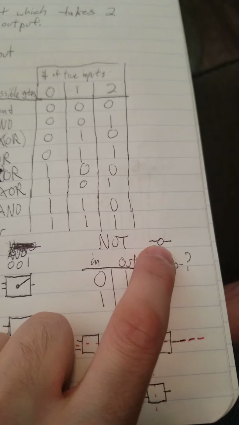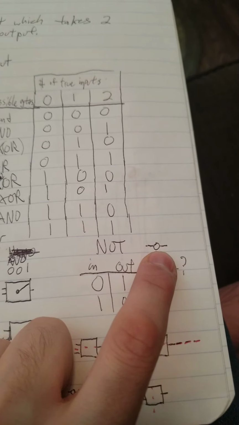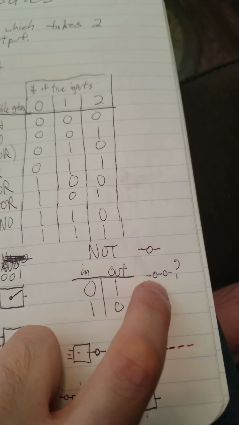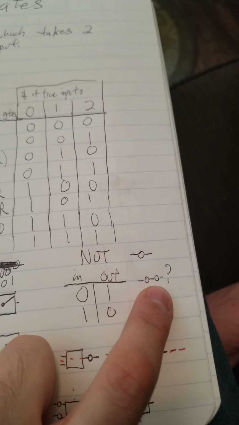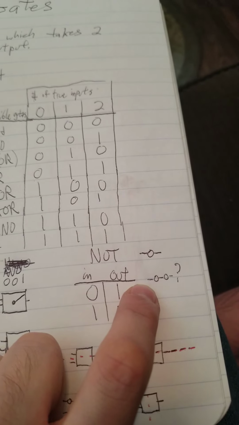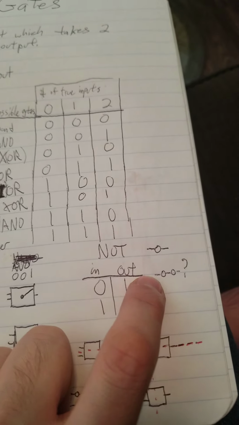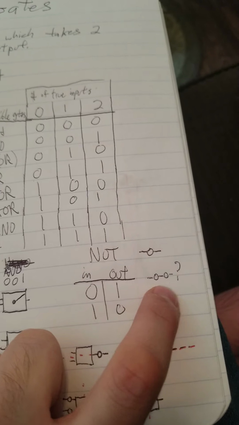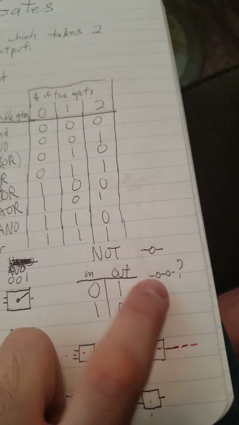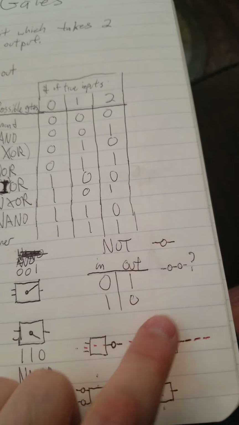And it's typically represented by this symbol. So I want to ask, what happens if you put two of them in a row here? Your 0 becomes a 1, and then the 1 becomes a 0. So it's effectively canceling itself out. That's an interesting case that we want to keep in mind.